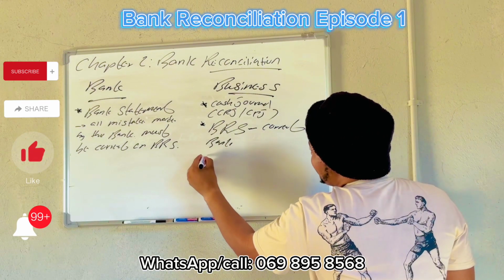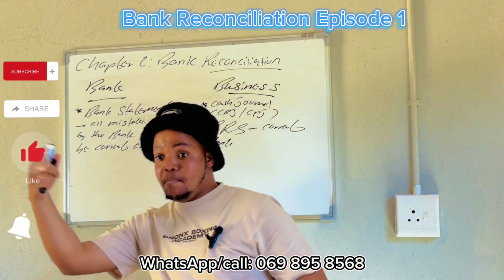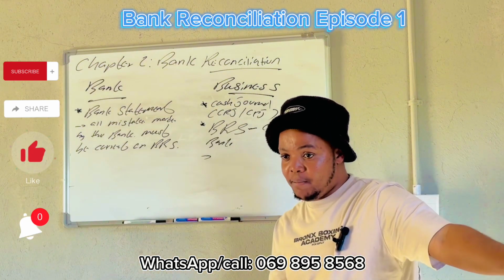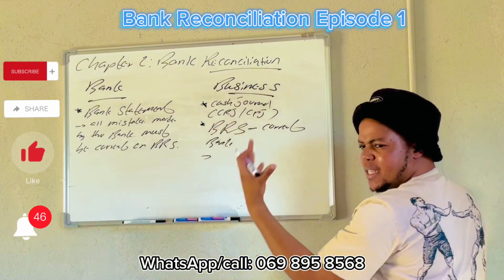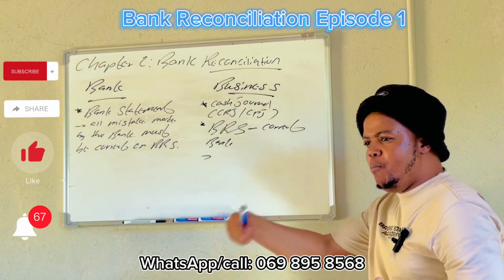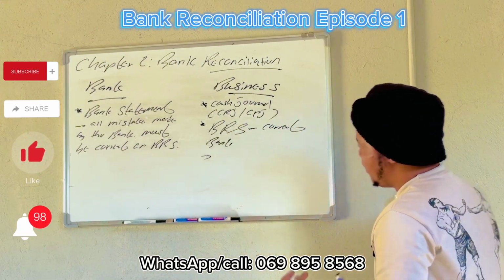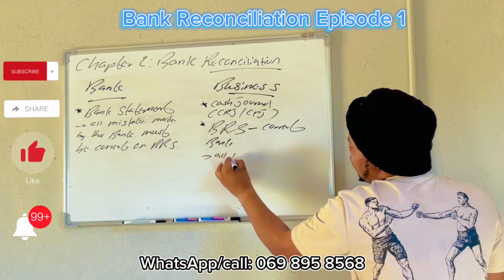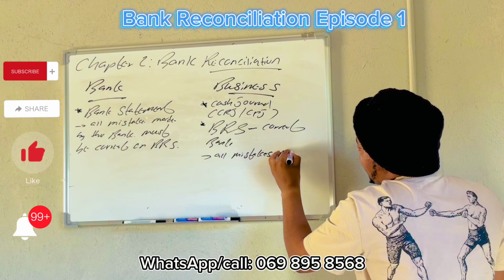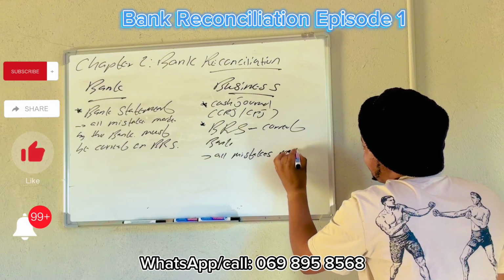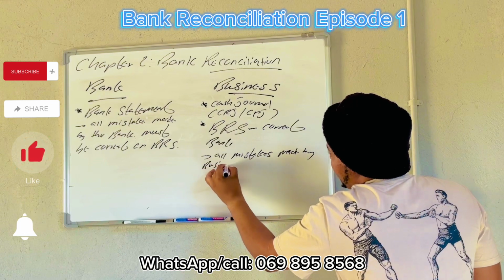And this simply means that, remember now we know that if the bank made a mistake, we must correct the bank on the BRS, right? So now we need to know, if it's the business, us, who made a mistake, where are we going to rectify that mistake, right? So we know that all mistakes made by businesses, we are referring to ourselves, right?